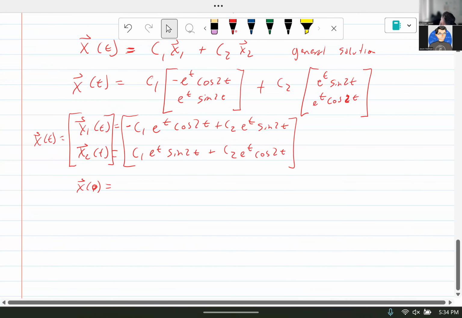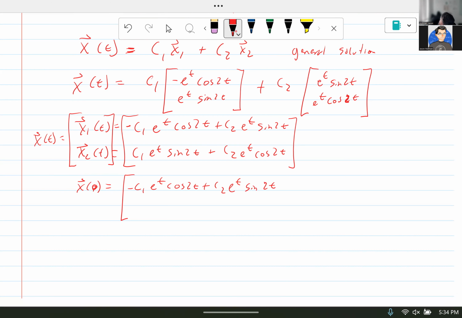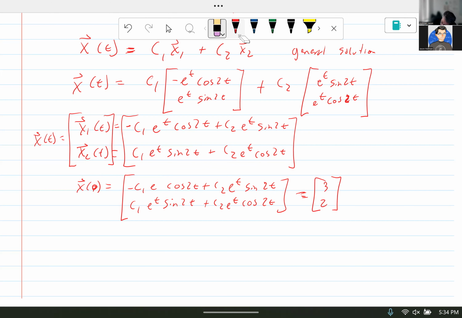So we'd say this is equal to negative c1 e to the t cosine 2t plus c2 e to the t sine 2t, and then c1 e to the t sine 2t plus c2 e to the t cosine 2t, which equals 3, 2 when we plug in zeros. So let's just plug in the zeros.